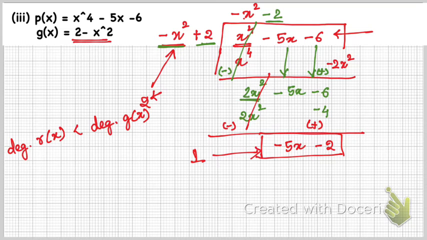So since the degree of polynomial rx is less than the degree of polynomial gx, we have to stop our division here. We cannot further divide this polynomial anymore. So we can conclude that we have got the quotient qx as minus x square minus 2, and the remainder polynomial rx as minus 5x minus 2.